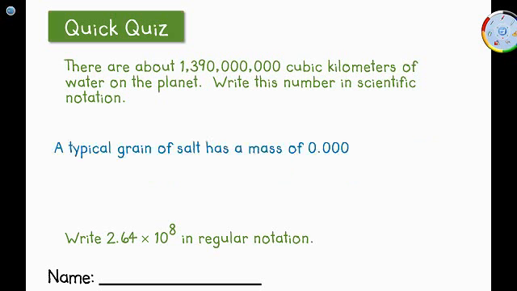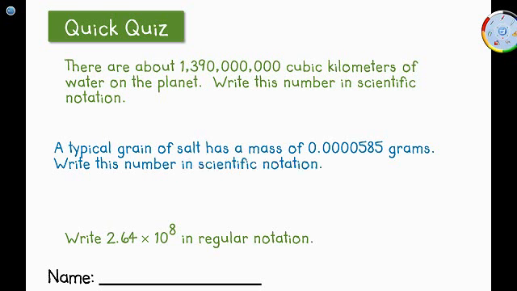And a typical grain of salt has a mass of 0.0000585 grams. Write this number in scientific notation. So we're going to go big, we're going to go small, and then we're going to go from scientific to regular notation. So take a moment, pause the recording, solve these 3 problems, and then send me your answers in a K-mail.